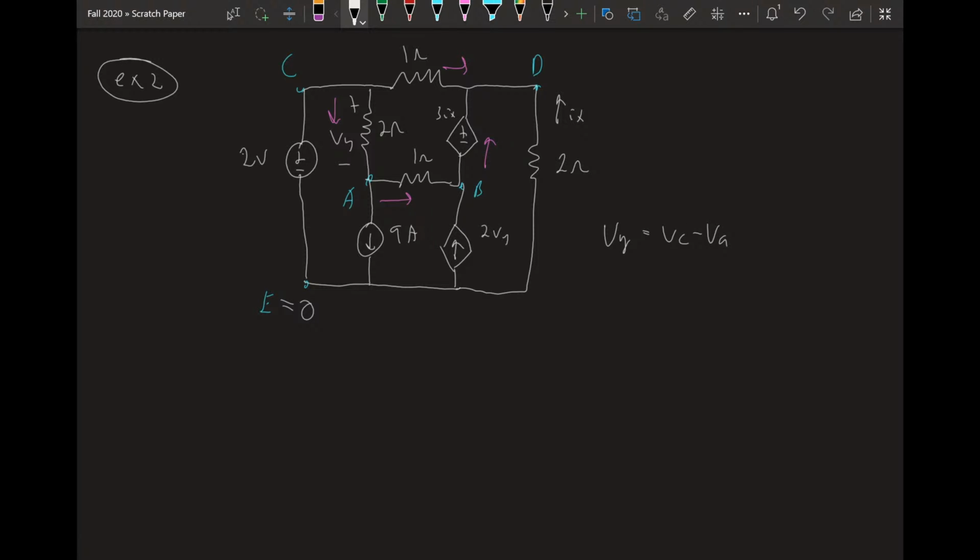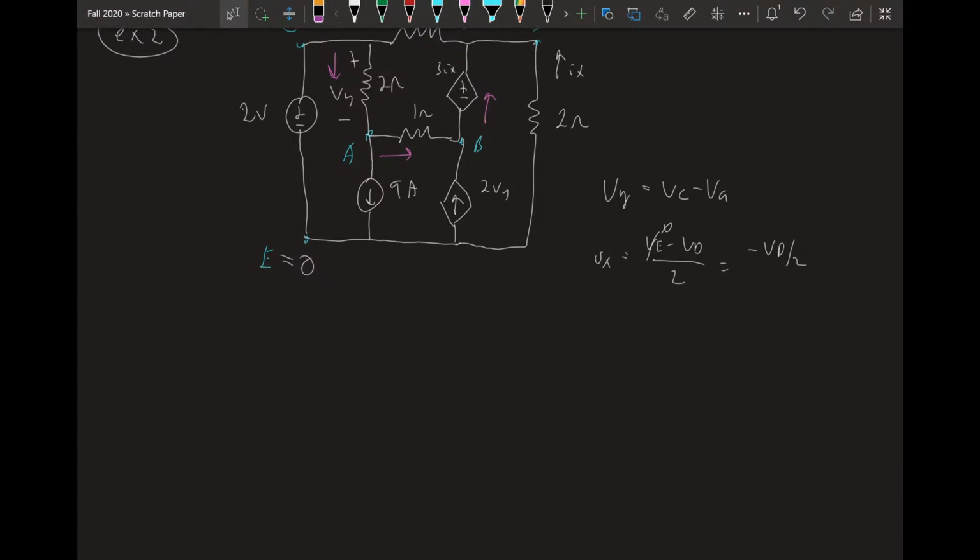That's perfect. We have Vy in terms of voltage. Done. What's our second dependent term? Our second dependent term is from the dependent voltage source. The dependent voltage source depends on Ix. What is Ix? Well, Ix equals VE minus VD over 2. We know VE is 0 because it's ground. This equals negative VD over 2. All right, perfect. Those two are done, and we'll plug them back in later.